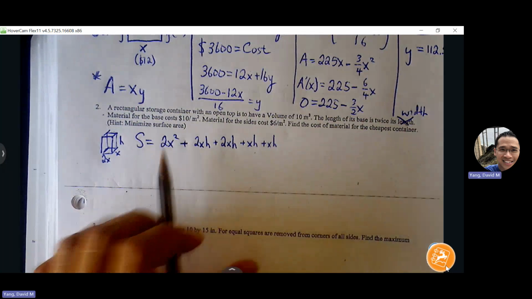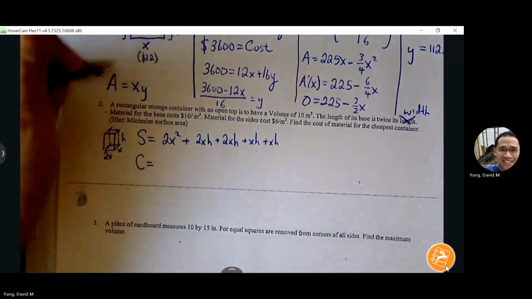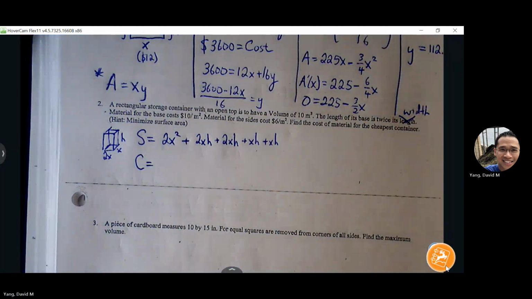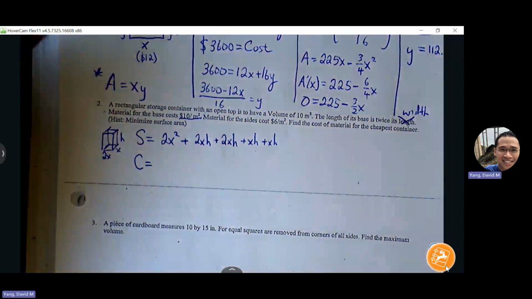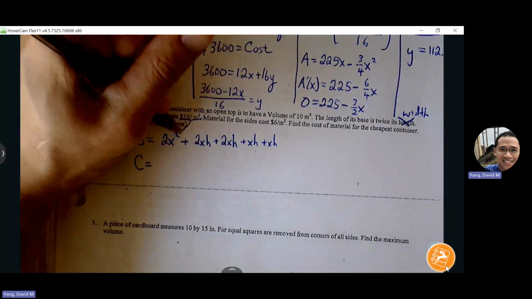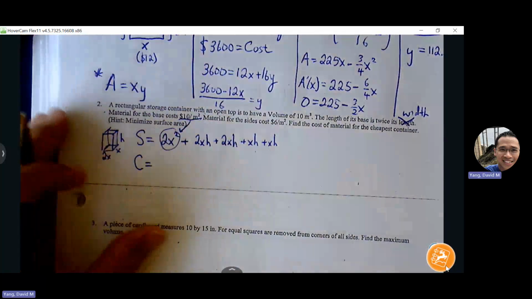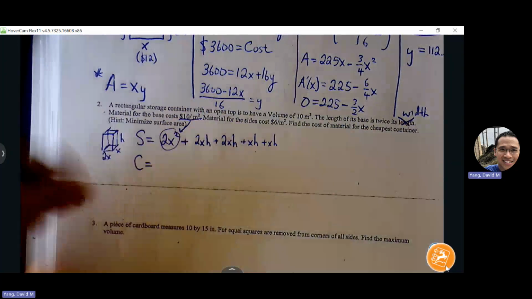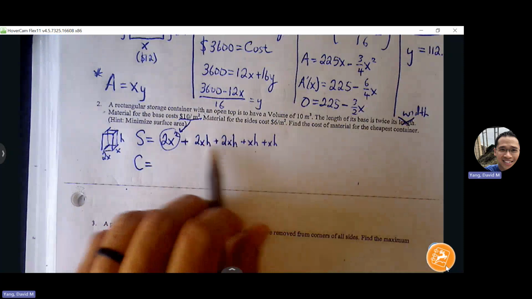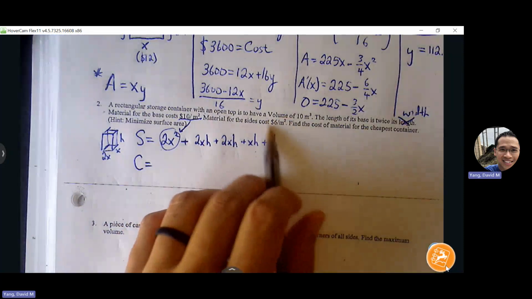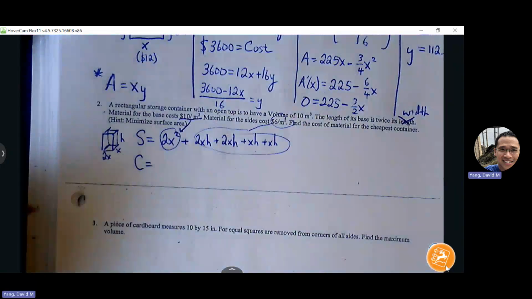And we can convert this into a cost equation. Material for the base is $10 per square meter, so I can multiply that 10 into the base area. And all the sides, it's all the same material, so it's $6 per square meter. So I can multiply that 6 into that expression.